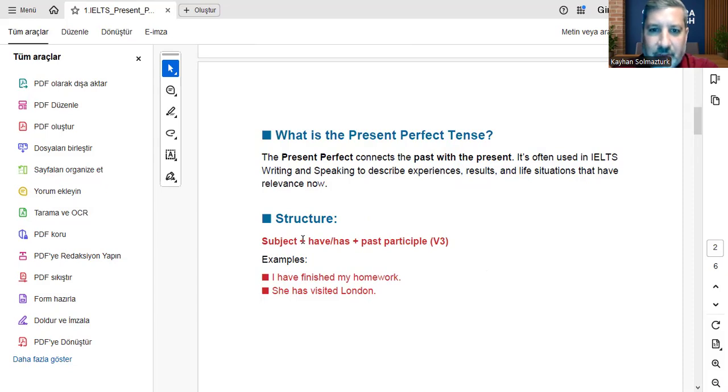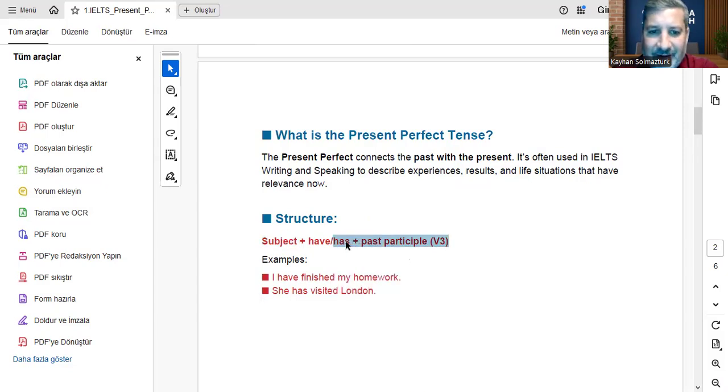So first of all, in that context, we'll learn the structure of the tense. For perfect tenses in general, we need two things. In a simple sentence in English, we need a subject and a verb.